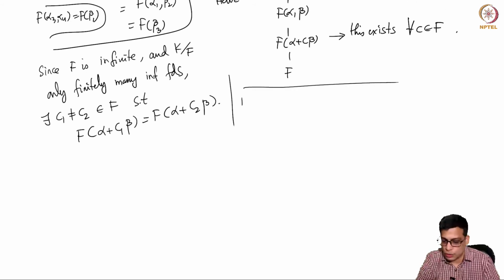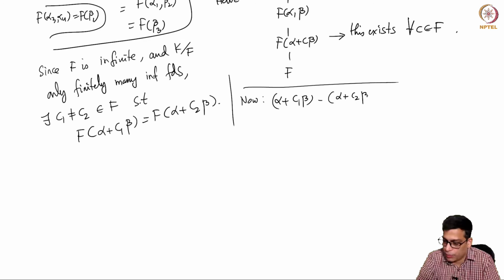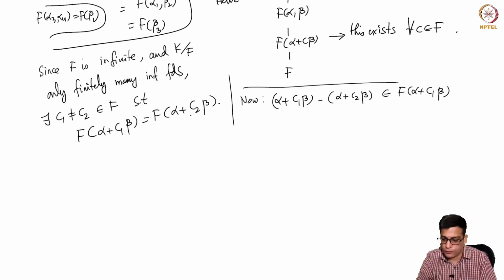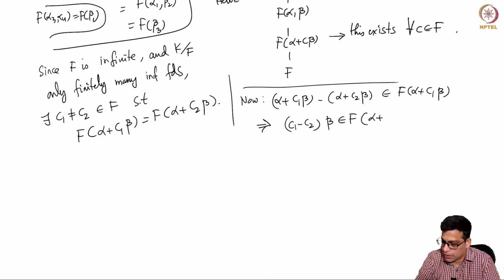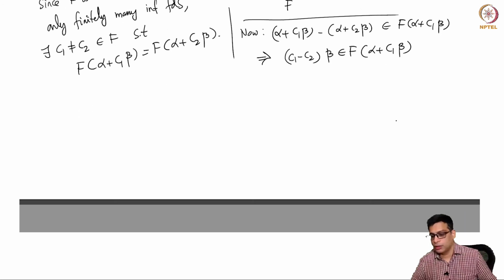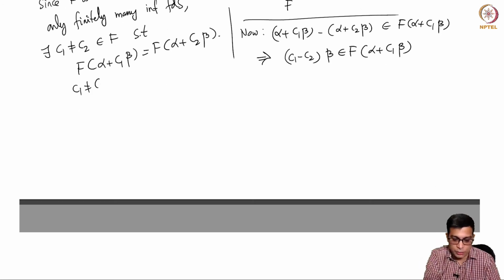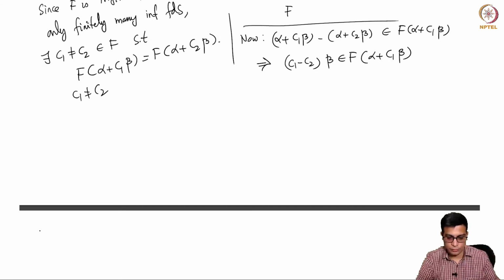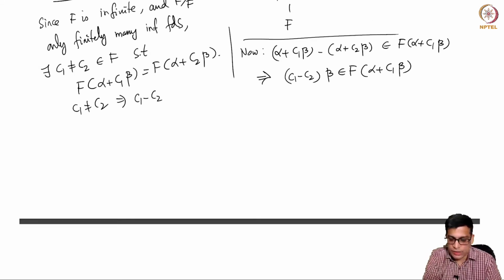What can we do? So now what we know is that alpha plus c1 beta minus alpha plus c2 beta is in F(alpha plus c1 beta), because both of them are equal. So alpha plus c2 beta is in this, alpha plus c1 beta is also in this. But this is (c1 minus c2) beta is in F(alpha plus c1 beta), right? But c1 is not equal to c2, implies c1 minus c2 is non-zero.